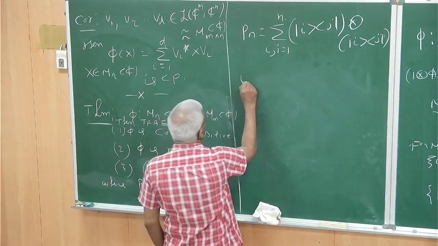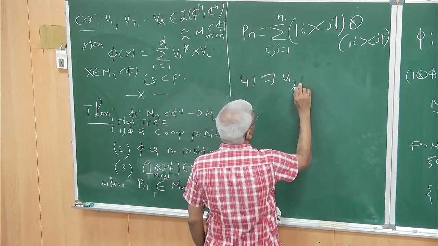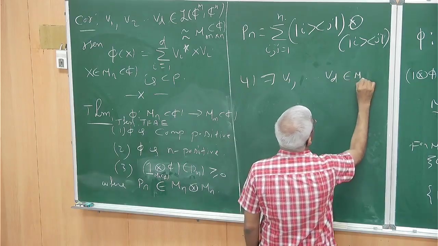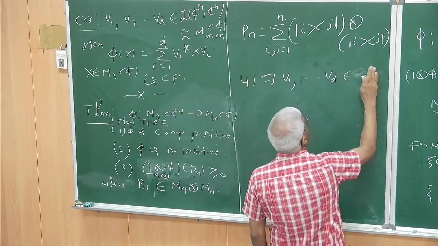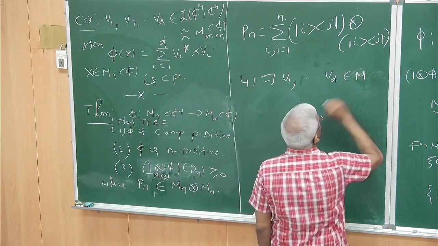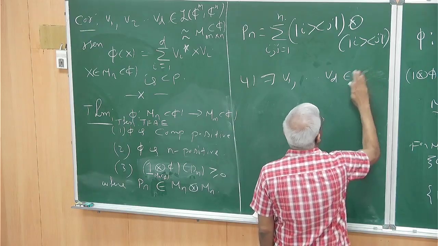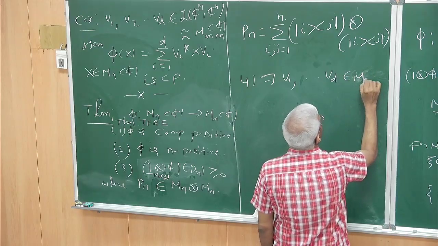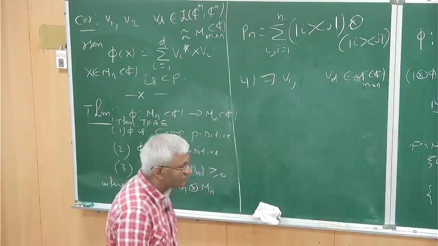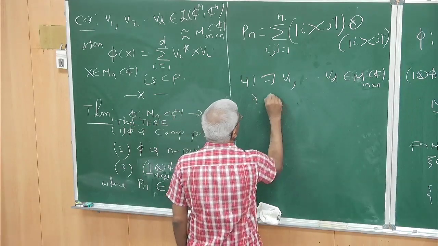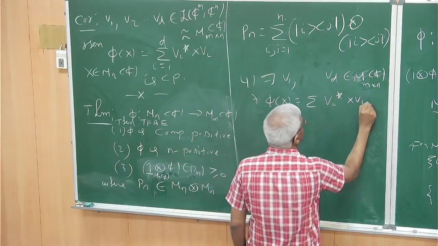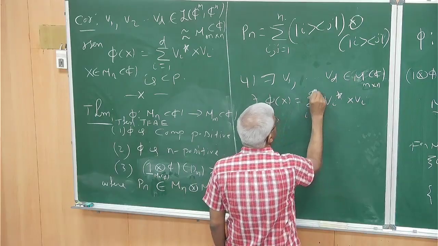Then the fourth one: there exist V_1 up to V_d, which are in M_{n x m}, such that phi of X is equal to the summation of V_i star X V_i, i equal to 1 to d.